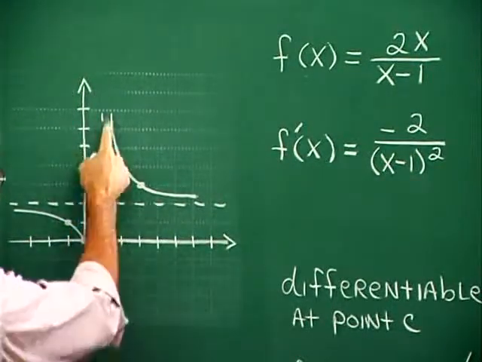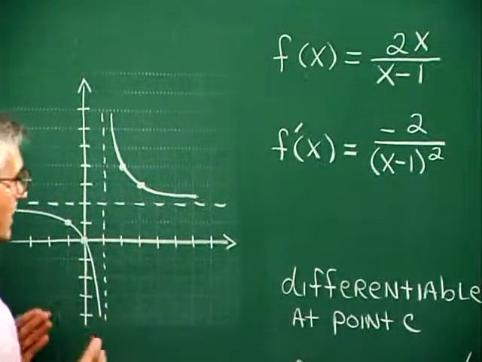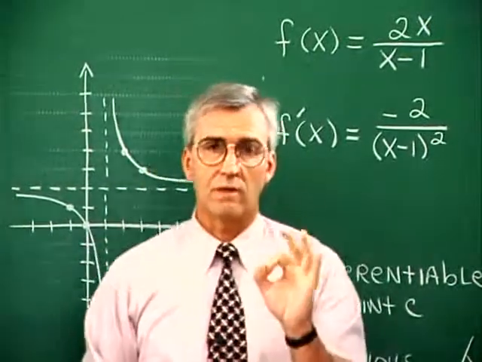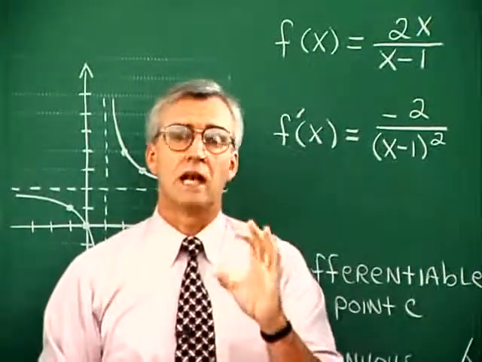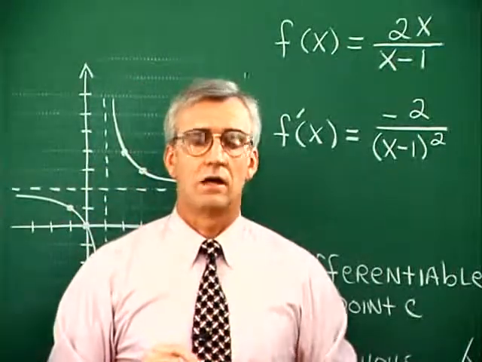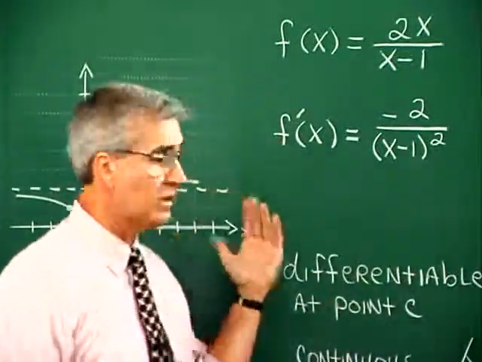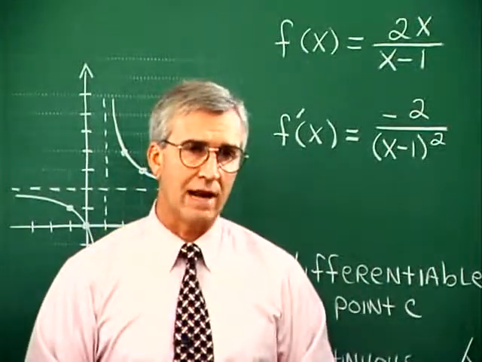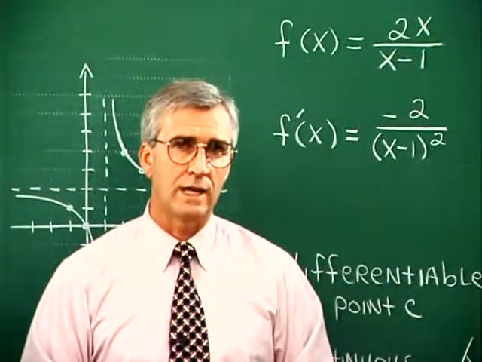Notice it's disjoined here. There were several situations for discontinuity, and one of them was just to have a hole in the graph, and one was to have a hole in the graph and a point defined elsewhere, and the other situation was this, where there were pieces involved in the graph, so it's disjoined.